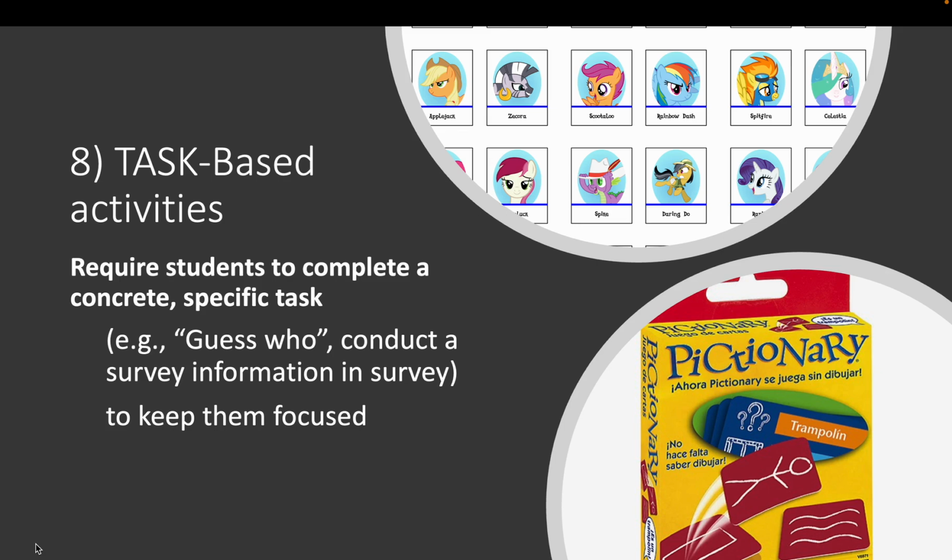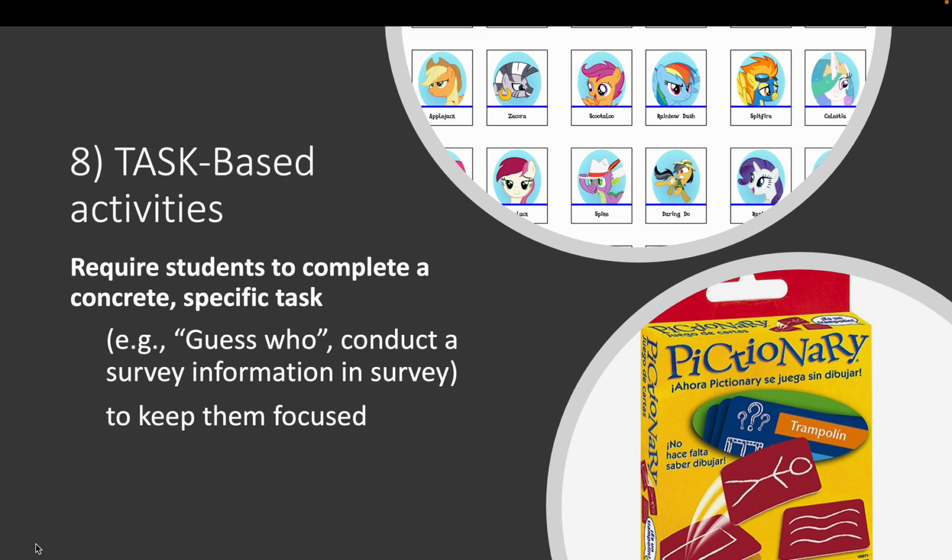If you're having issues with classroom management, this is also a great way to keep students from going off task and starting to disrupt. So another example would be like the Guess Who game, where students sit with a partner, they get a set of cards like up here, and they have to guess which person or creature the other person is thinking of.